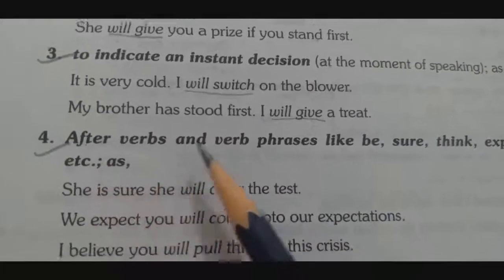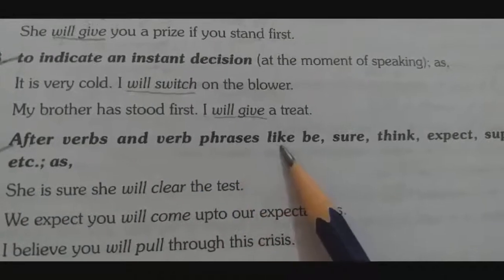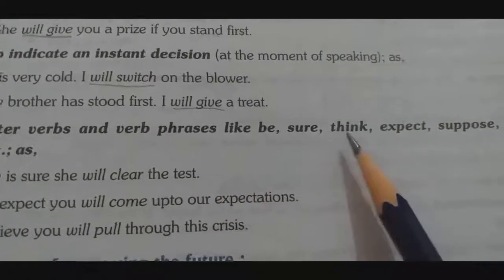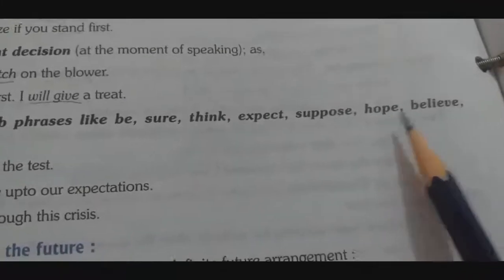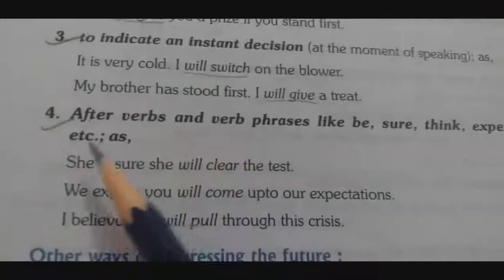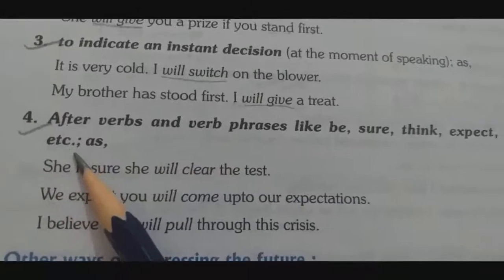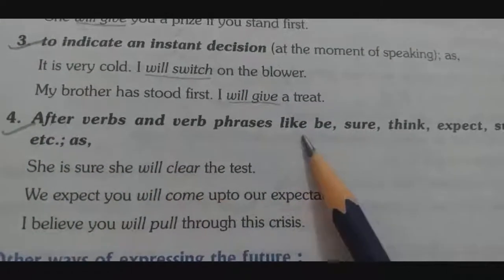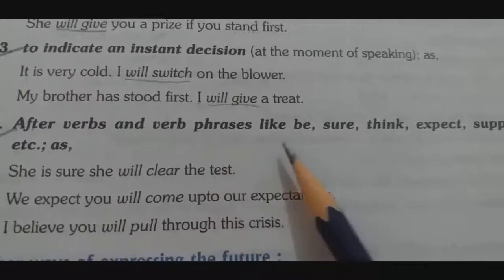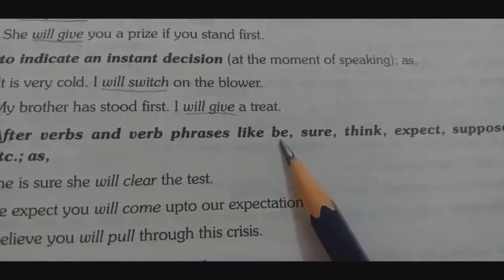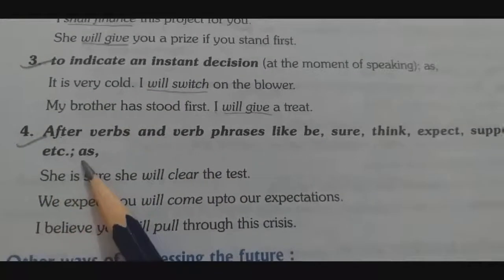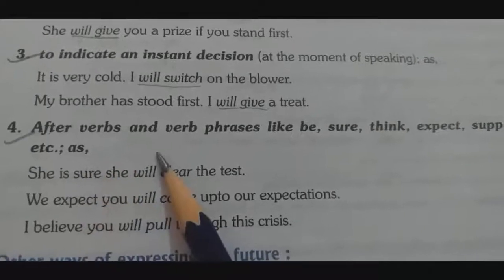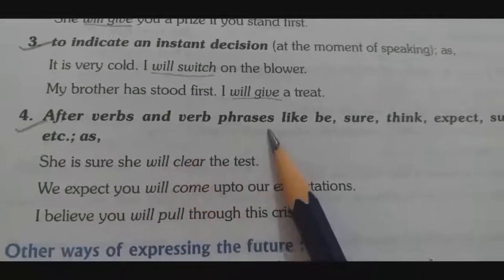After verbs and verb phrases like be sure, think, expect, suppose, hope, believe, etc. When we use words like these, we can say that the sentence is in simple future tense.